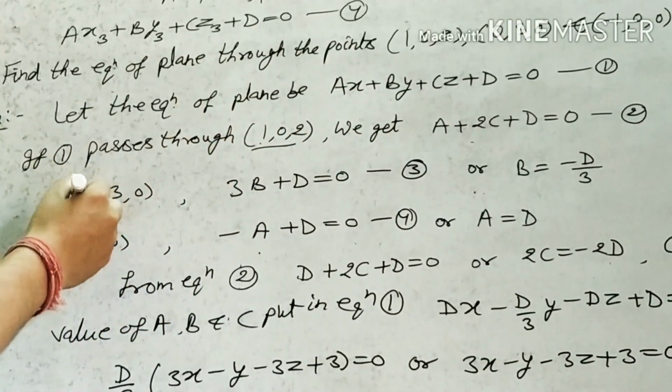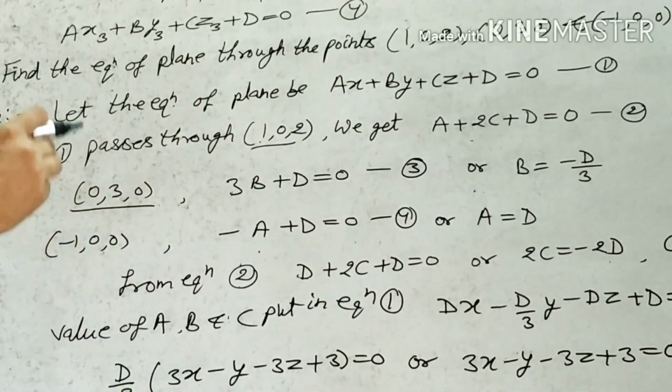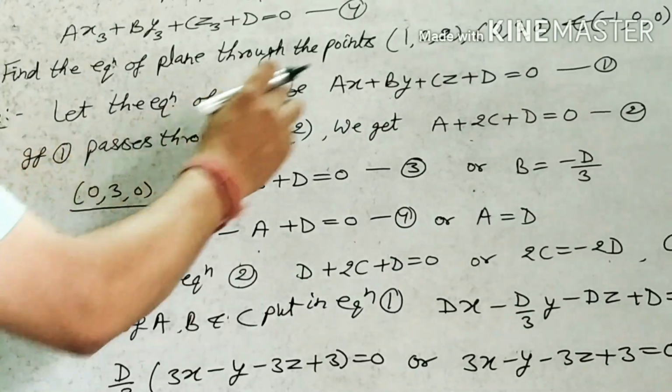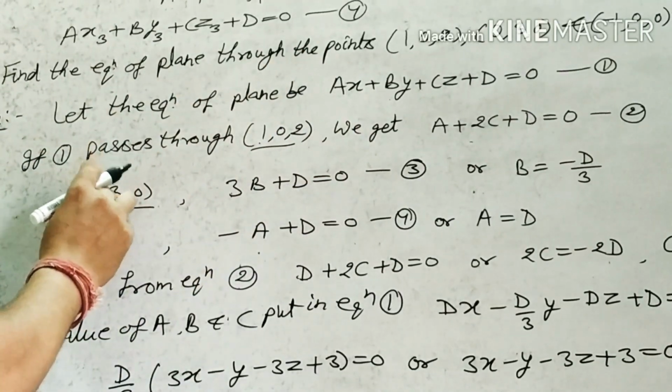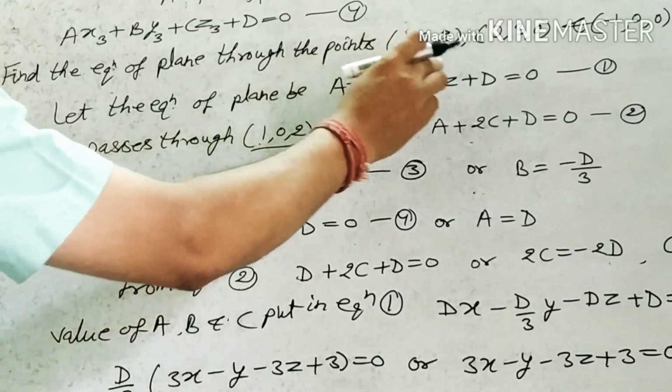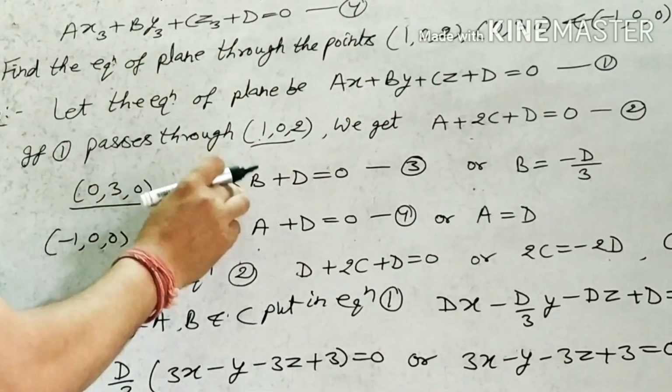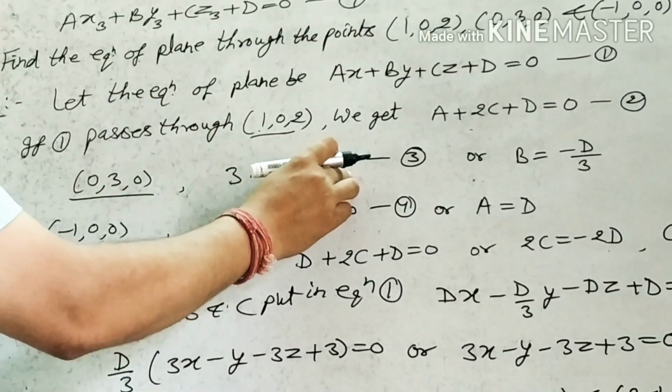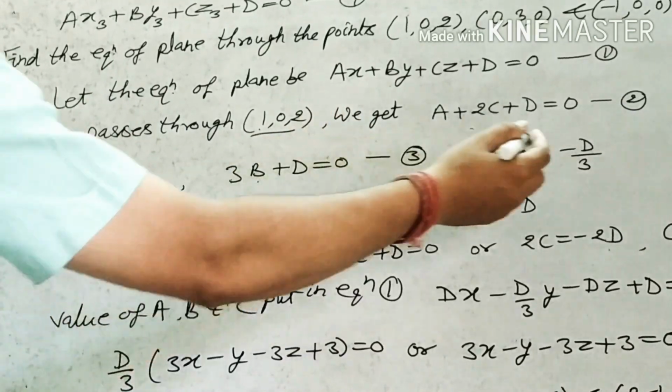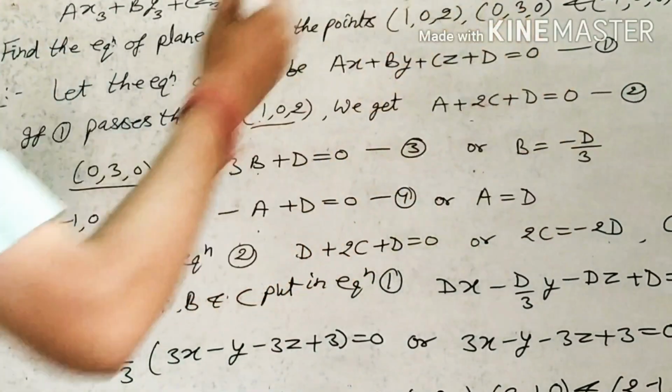When it passes through another point 0, 3, 0, this time x equal to 0, y equal to 3, z equal to 0. Then your equation will be 3b plus d equal to 0, or you can say b equal to minus d upon 3.